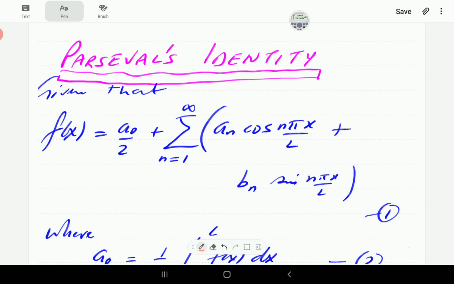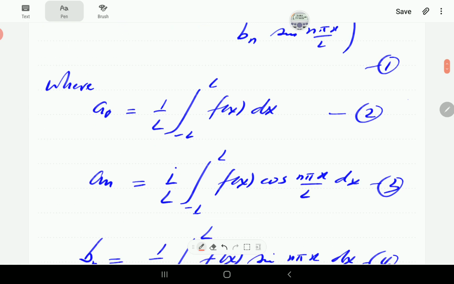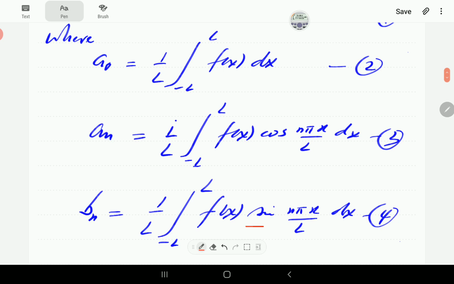The Fourier theorem states that if a function is piecewise continuous and 2L periodic, then it can be expressed in terms of sums of sines and cosines in a form given by 1, where the Euler coefficients are given by 2, 3, and 4.